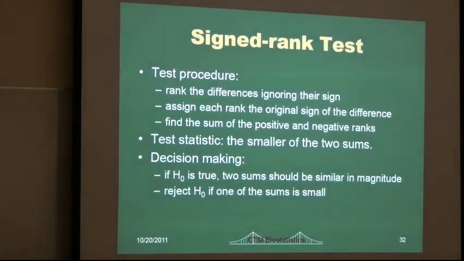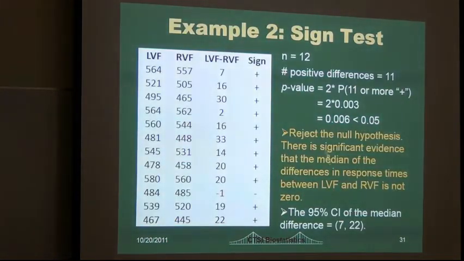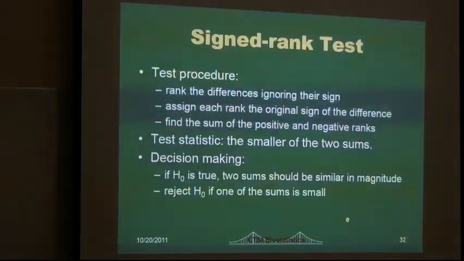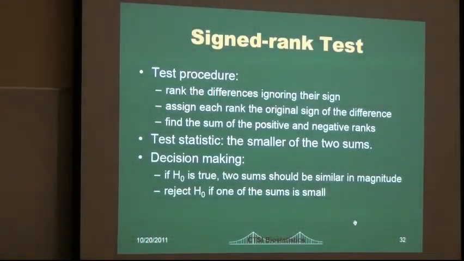Okay, so the next test is the sign rank test. Before we go into it, I just want to make sure: in the sign test, we only look at the sign, we don't care about the magnitude or the rank of the difference. Another test that we can use is the sign rank test, and as the name suggests, here you actually take the ranking into consideration. In this test, you rank the differences first, ignoring the sign, and then you add the sign to the ranking later.